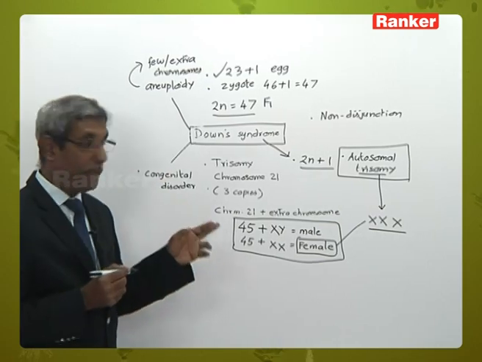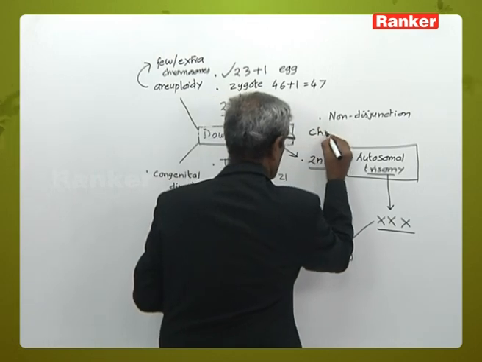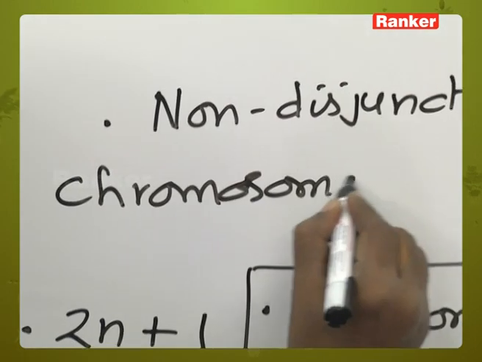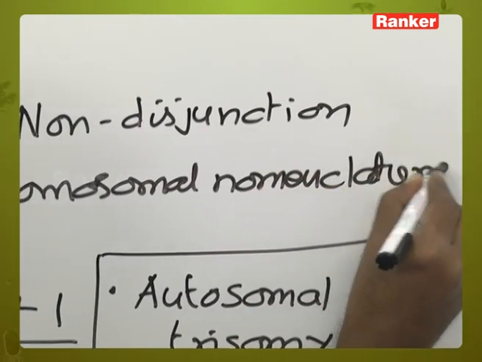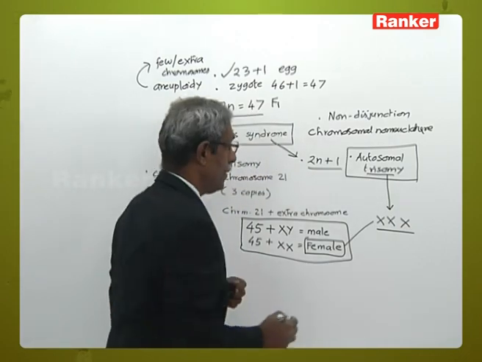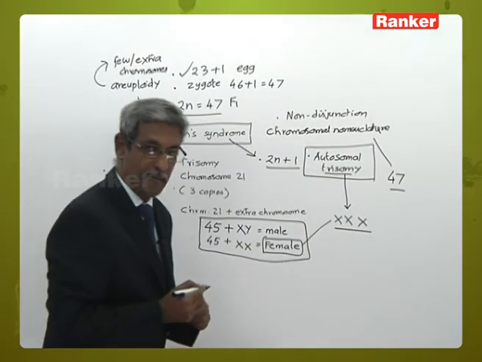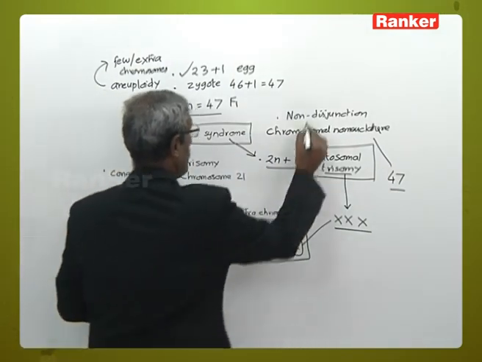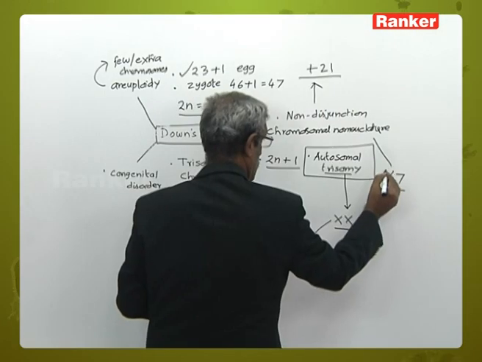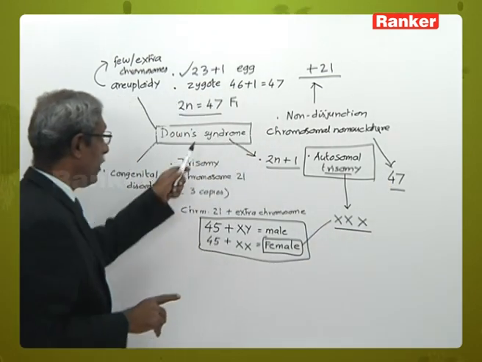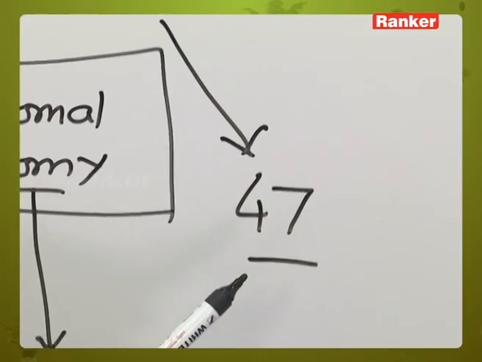So the chromosomal nomenclature of Down syndrome is always 47, or it could also imply a plus 21 situation. So there are two important types of chromosomal nomenclature for Down syndrome. It can be designated as plus 21 chromosomes, or as 21.